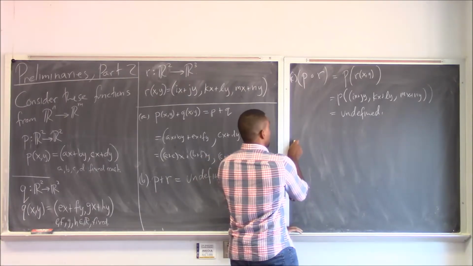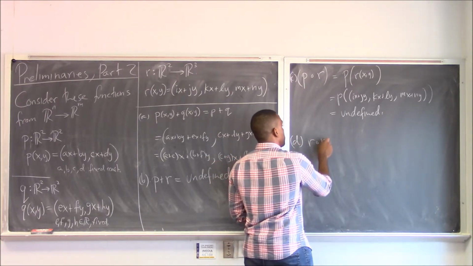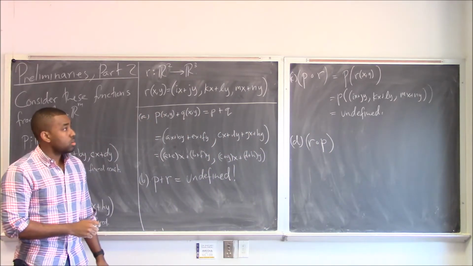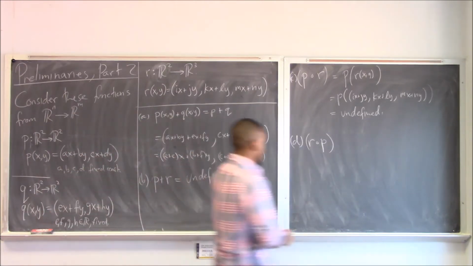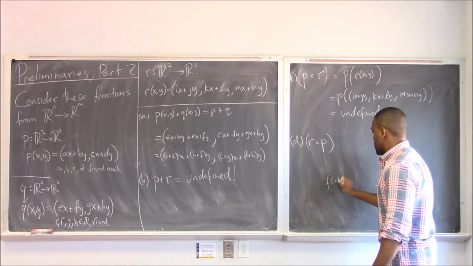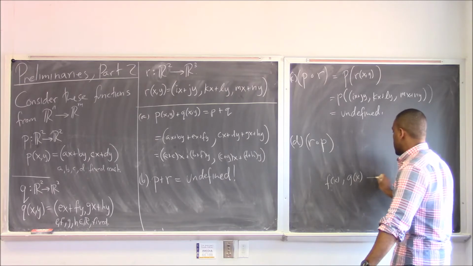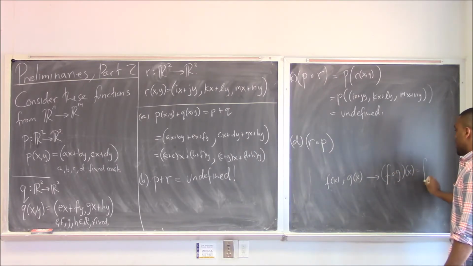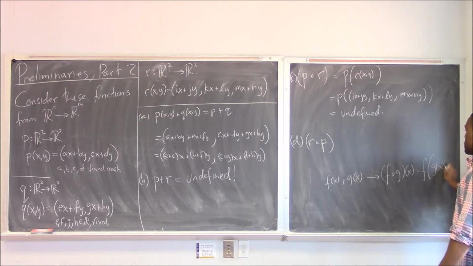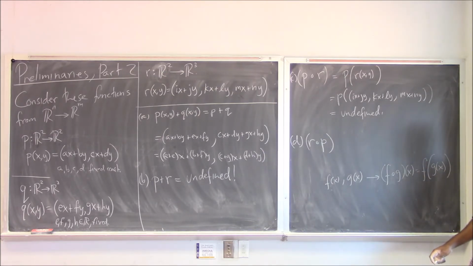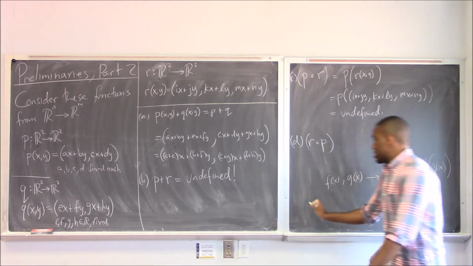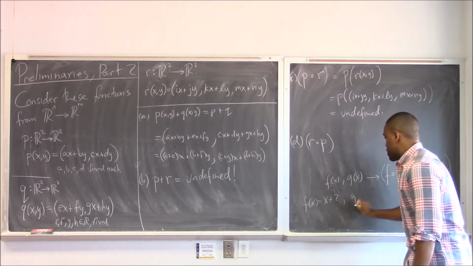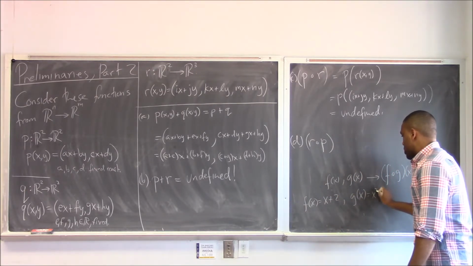What about the other way, though? What if I look at R of P? What is that notation again? Composition. If you have a function f of x and another function g of x, then you define f of g of x to be f where the output of g is plugged in as the input of f. This is a composition of functions. You could say f of x equals x plus 2, and g of x equals x squared plus 1.